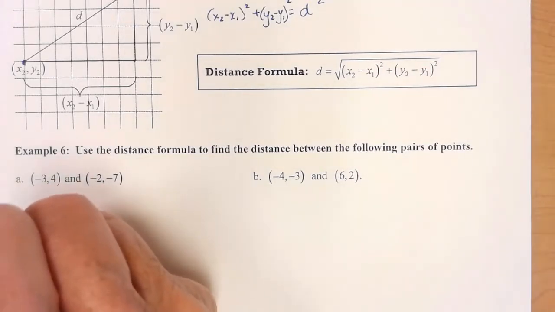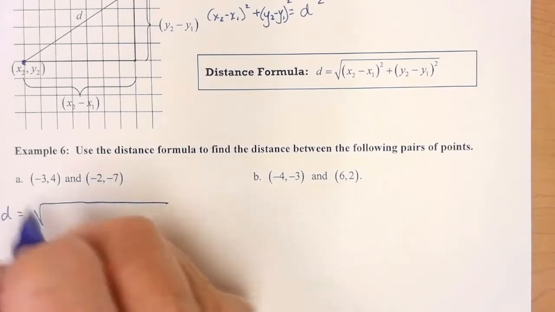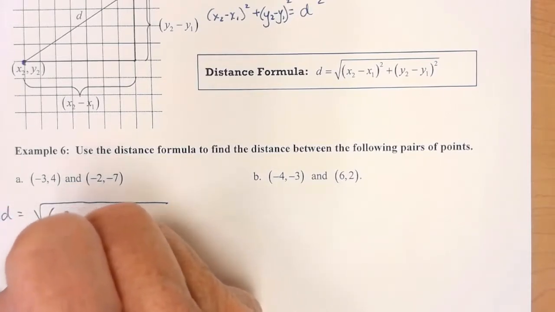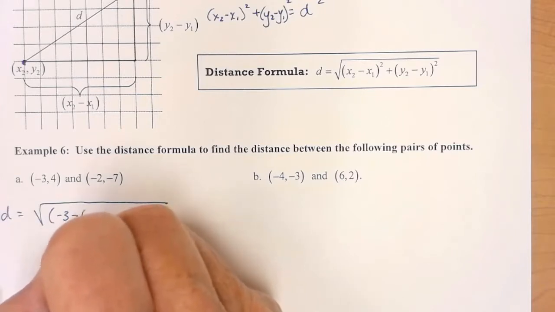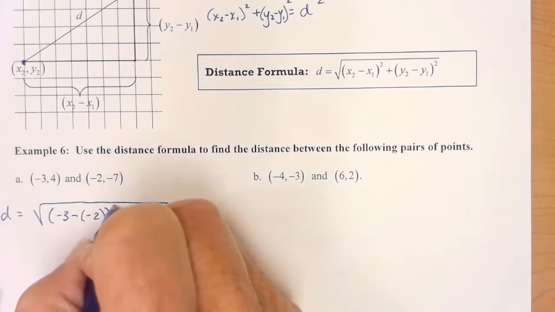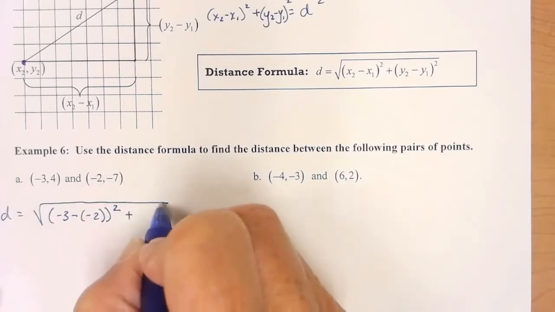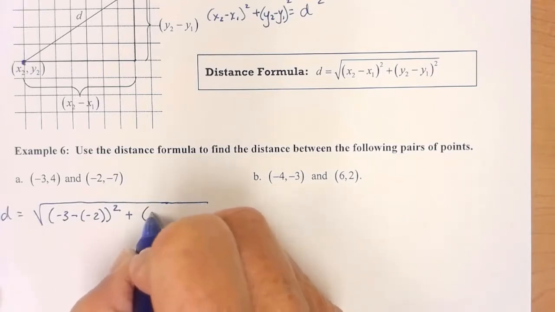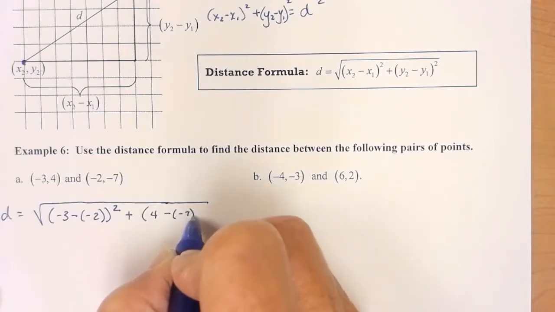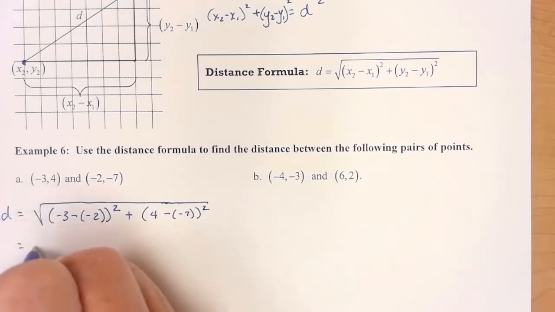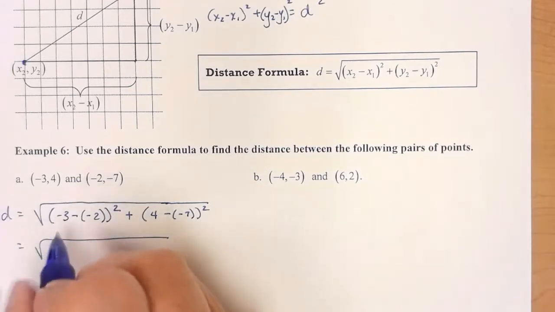So my distance is equal to big square root. Take my x values, subtract them, and square. Add it to the difference of my y's. Got to clean up inside first.